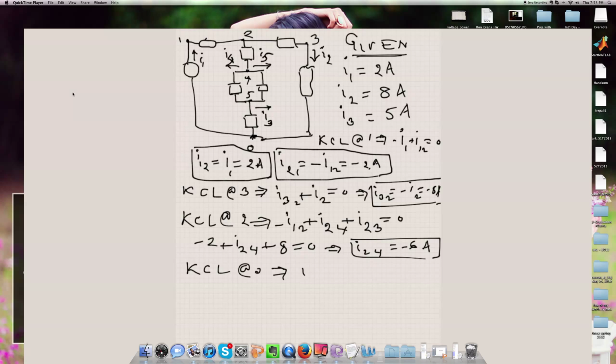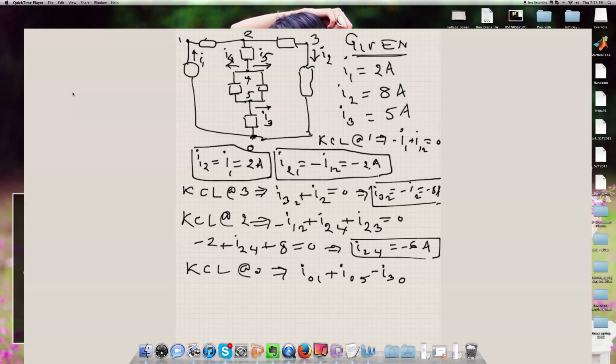So I01, that's a positive, of course, plus I05, because that is also leaving the node 0. And then if we look at it, we see the current is coming from 3 to node number 0. So that is coming, so minus I30, which is the same as I2, which is 8 amp.